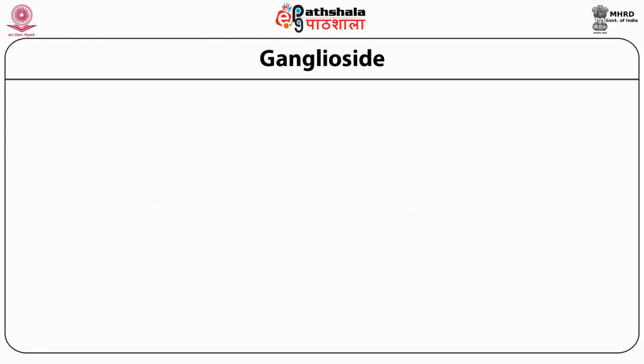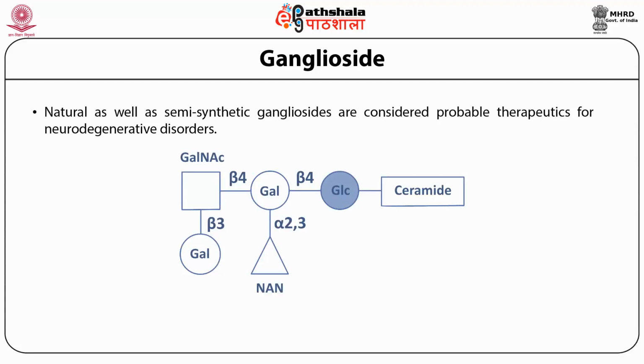The gangliosides have been shown to be exceedingly vital molecules in immunology as well as in immune response. Natural as well as semi-synthetic gangliosides are considered probable therapeutic agents for neurodegenerative disorders. The example structure of these gangliosides is represented here.